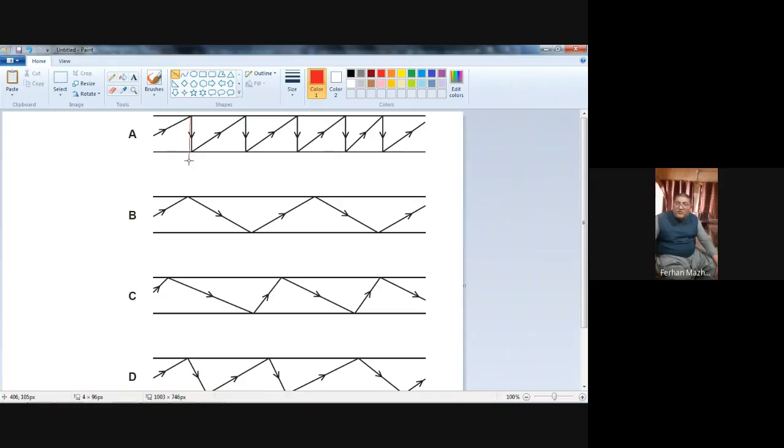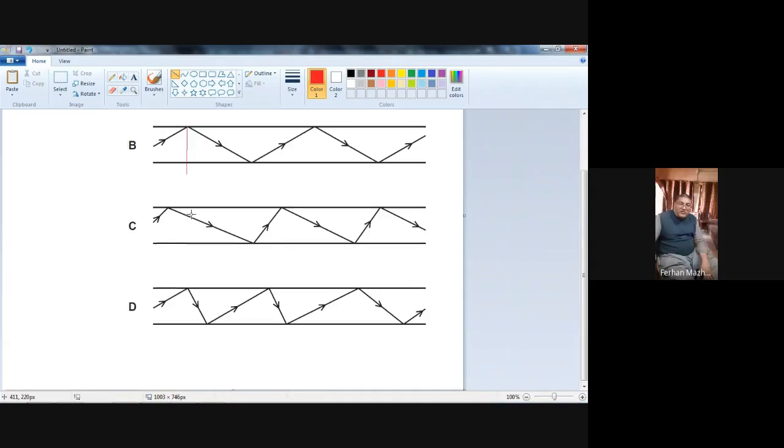See, when I draw the normal, the angle of incidence and angle of reflection clearly are not equal to each other. Okay, let's try to draw the normal here. It looks a little better. The angle of incidence and angle of reflection look equal to each other.